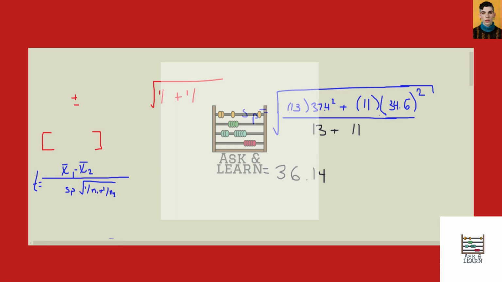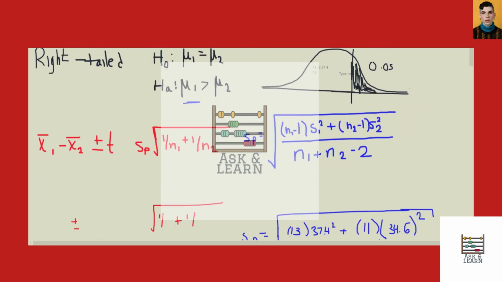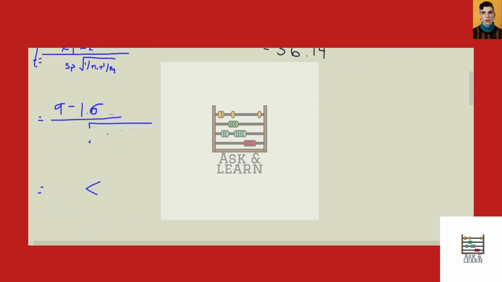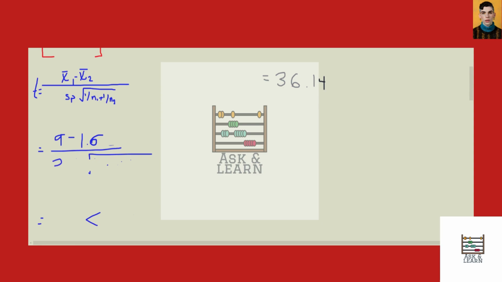So then we can go on and calculate our test statistic of T, which is going to be the difference between those two, which is going to be 9 for the first one, and I think 1.6, yeah. So we're going to do 9 minus 1.6, and then our SP is 36.14.